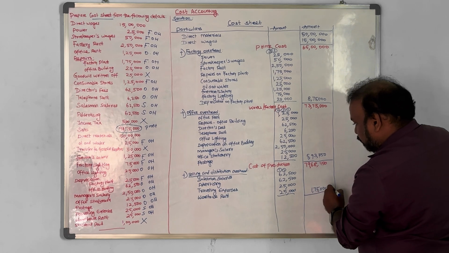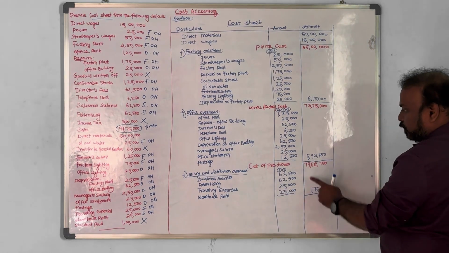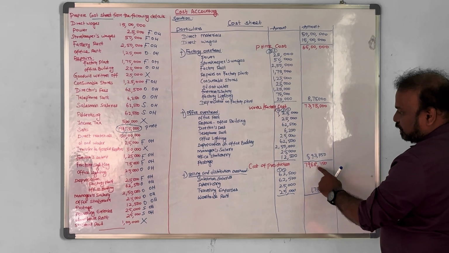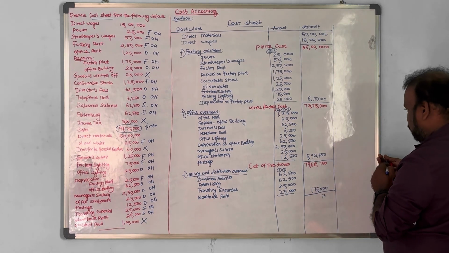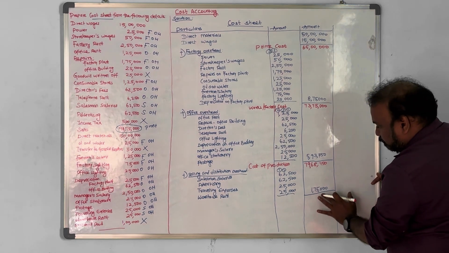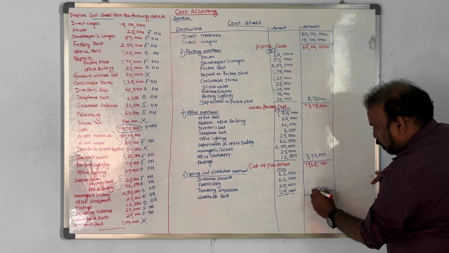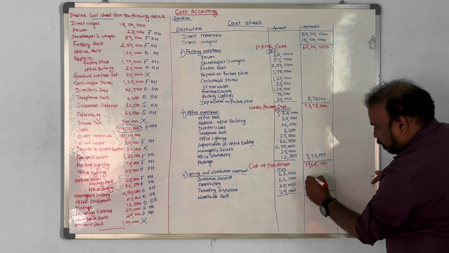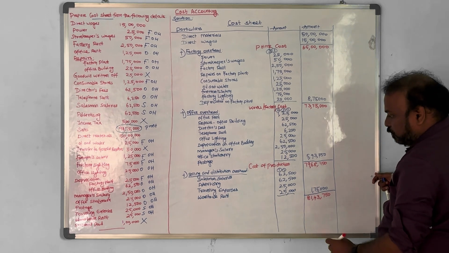1,75,000 is the selling and distribution overhead. When you add 1,75,000 to 79,68,750, you will get the cost of sale, 81,43,750.